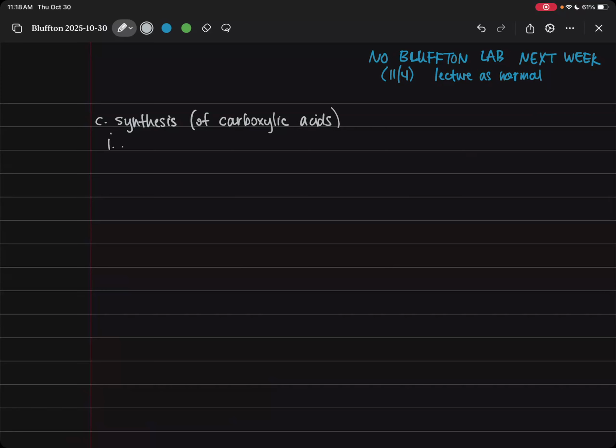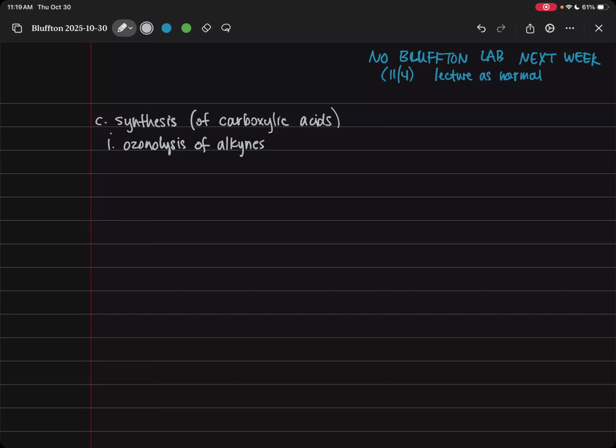The first is ozonolysis of alkynes. In the last chapter, we talked about making ketones and aldehydes using ozonolysis reactions.